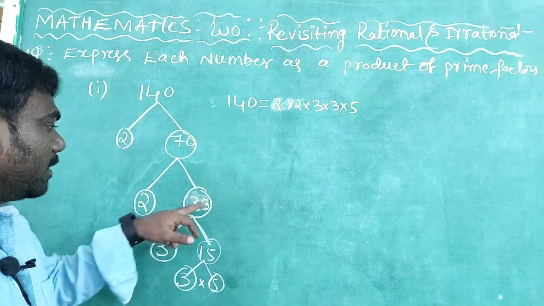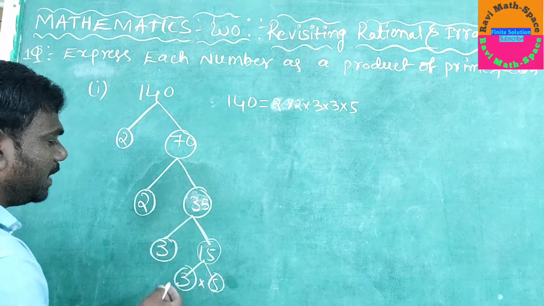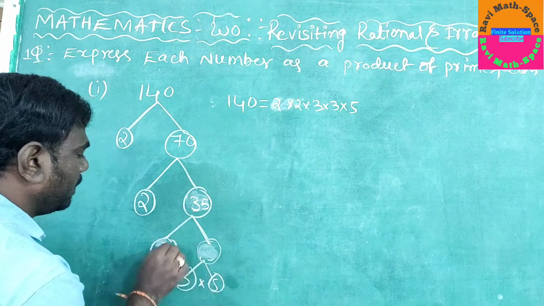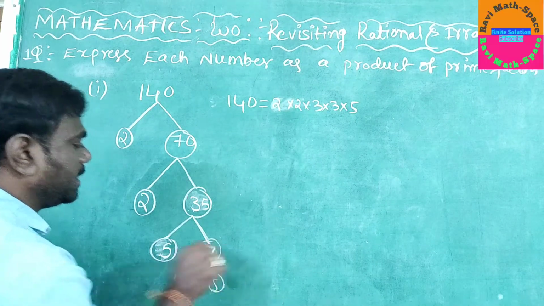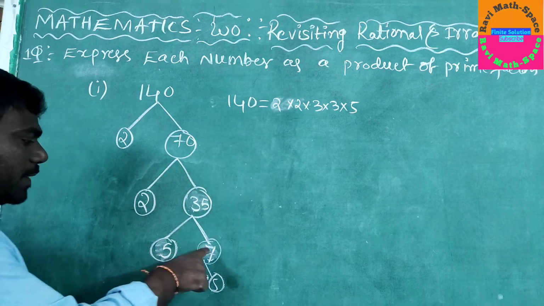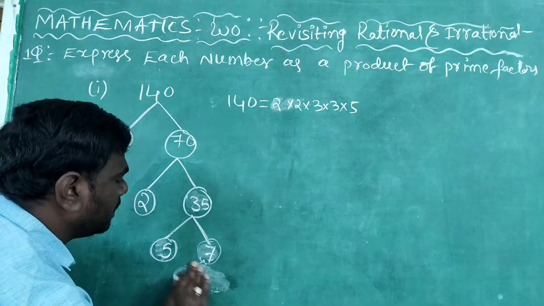Next, 35, how can I represent it? 5 sevens. Both are prime numbers. Stop the process.